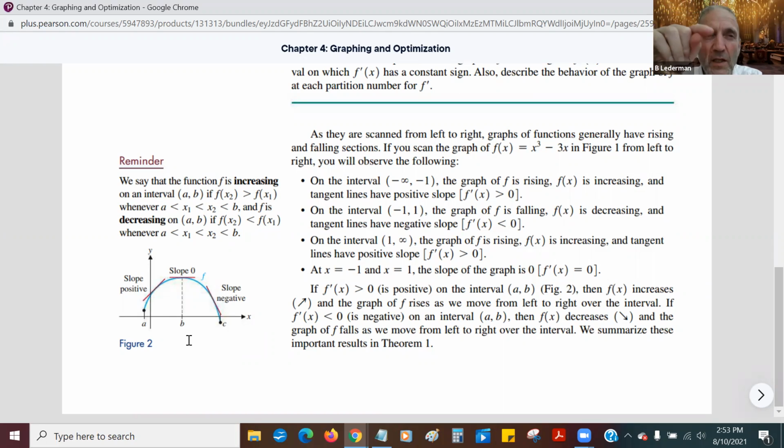So by looking at the equation of the derivative function and seeing where that is positive and negative, that's going to inform me about the graph of the original function. So we're looking at the derivative function to learn about the original function, and that's what confuses students. I'm telling you this because if you realize this, you can be careful not to fall into that mistake.